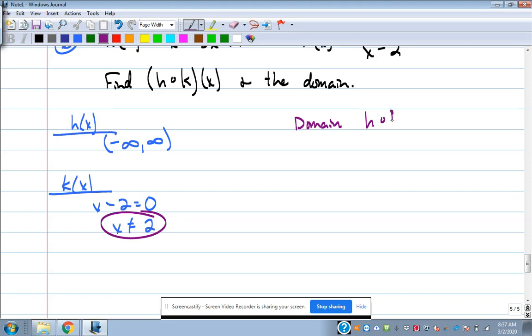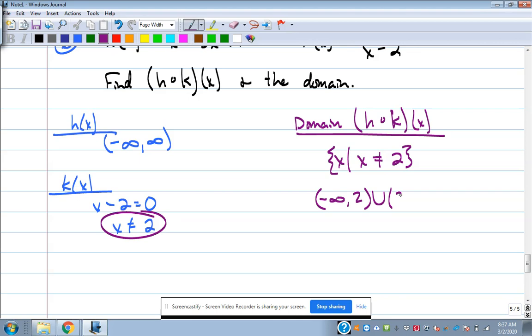Of h composed with k of x, all x's, as long as x does not equal 2. And then negative infinity to 2, union 2 to infinity. There's our domain of our composite function.